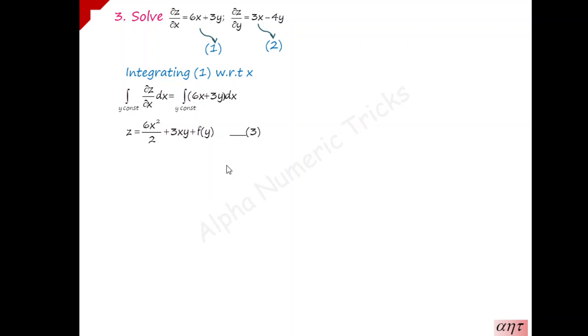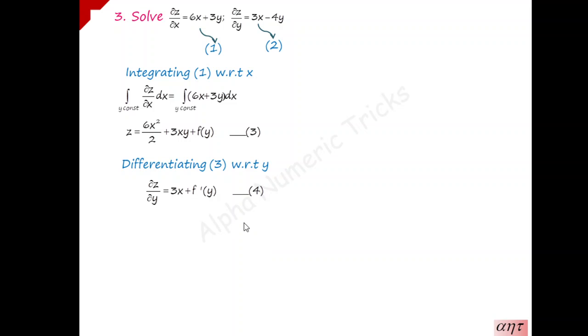Number that as 3. Now you have to differentiate 3 with respect to y. Then ∂z/∂y is equal to, here you have the differentiation of the term 6x squared by 2 with respect to y; since we are differentiating with respect to y, this term is taken as constant, so the differentiation becomes 0, plus 3x is constant into y, differentiation with respect to y is 1, so 3x plus f of y, differentiation with respect to y is f dashed of y.